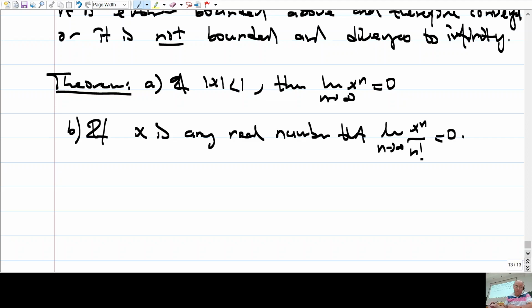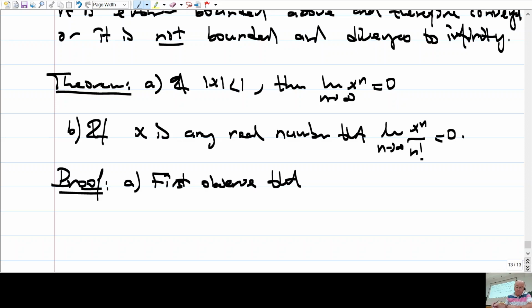And let's see the proof of this, since it is using several different facts. It's a nice example. For part A, first observe the limit as n goes to infinity of the logarithm of the absolute value of x to the power n.